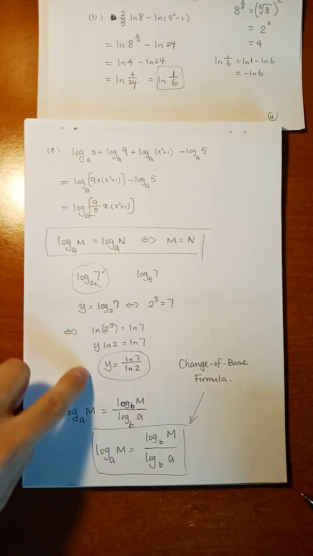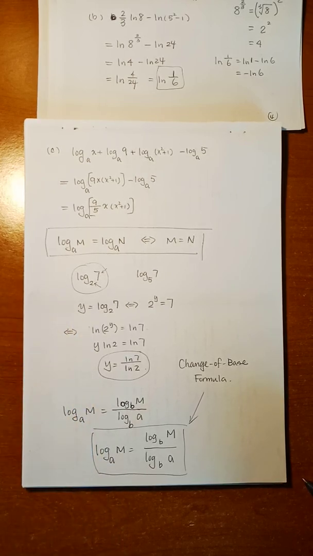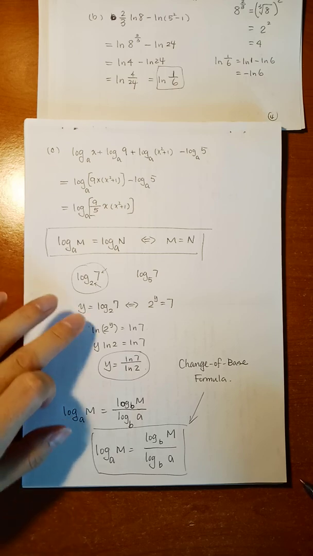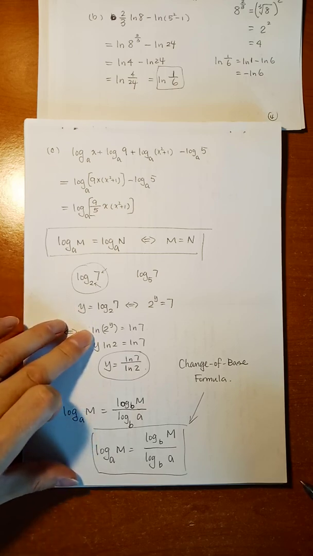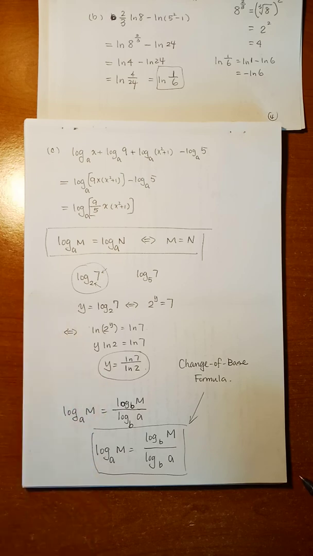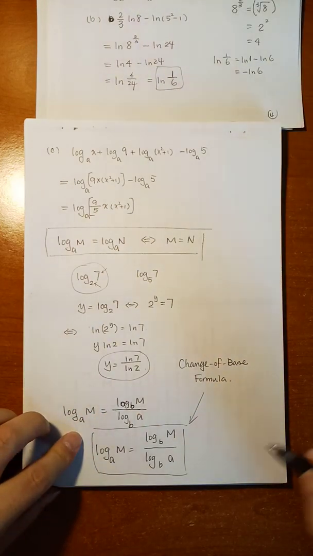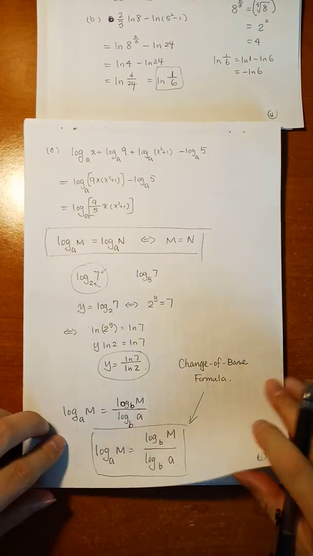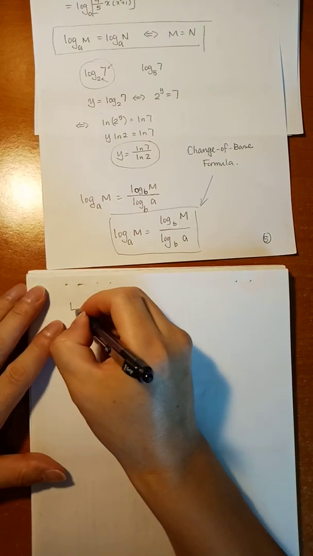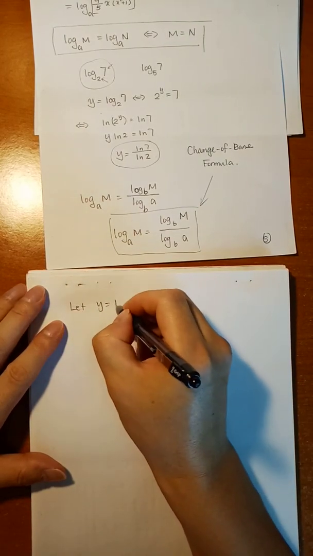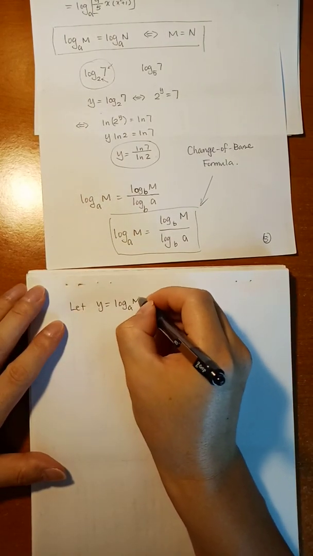And the proof is like this. You write y, you take the log for two sides, and eventually do the division. Okay. Let me give you the proof. The proof is very quick. So let y be log a of m.